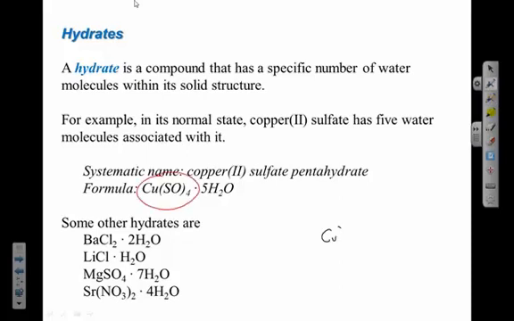So the copper has like a 2 plus, and the sulfate as a unit has a 2 minus, and those are balanced in charge. Oh, that's a mistake here. This 4 should be inside here. The ratio of copper 2 plus and SO4 2 minus is 1 to 1 because they have the same charge.